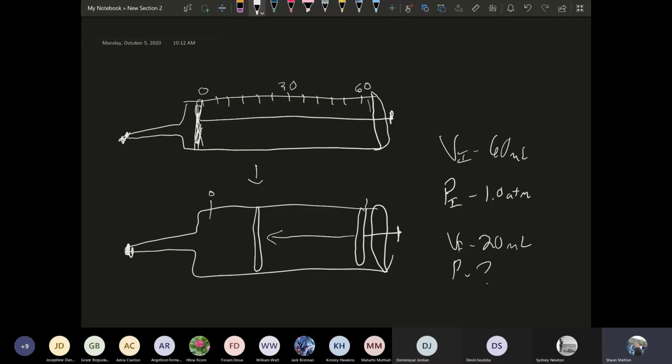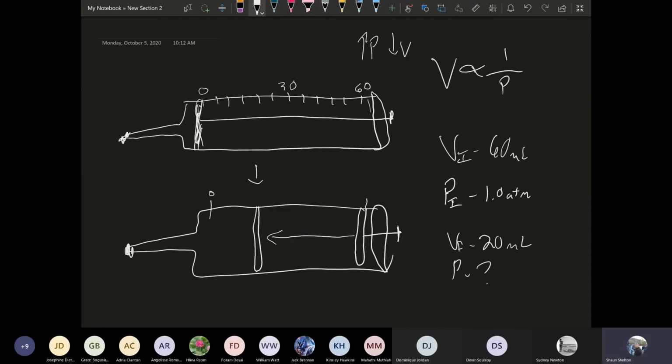So when we talk about inverse relationships, you can flip-flop that if you want to, but when the volume changes, the pressure is going to do the opposite. Boyle's Law is all about pressure and volume. As you increase the pressure of a system, the volume is going to go down, and vice versa.